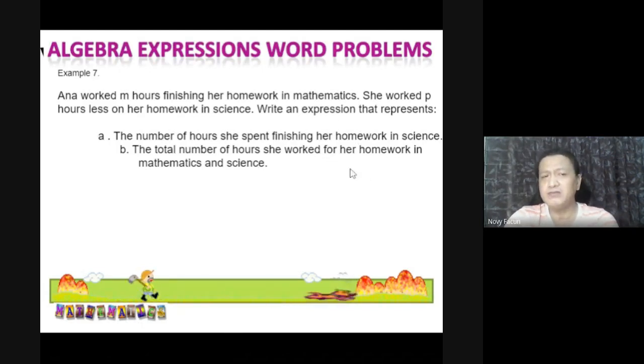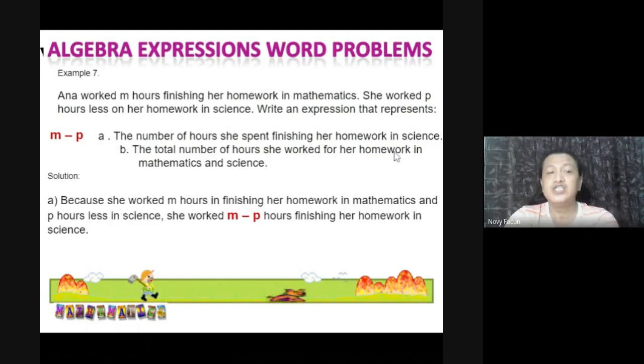The answer to this is M minus P, because she worked M hours finishing her homework in mathematics and P hours less in science. She worked M minus P hours finishing her homework in science. And that is our answer.